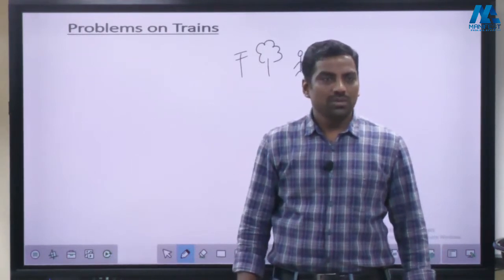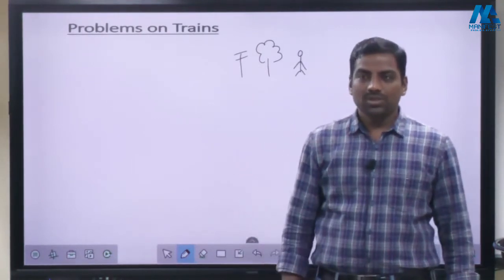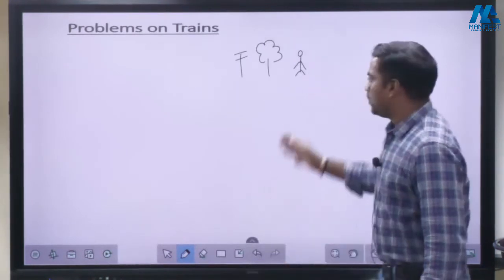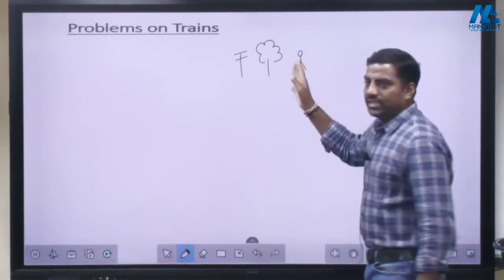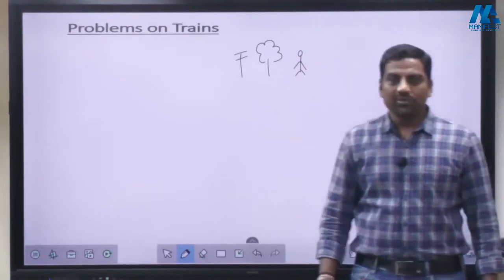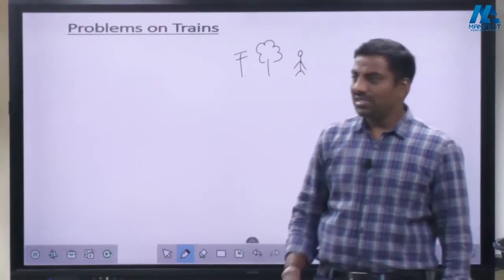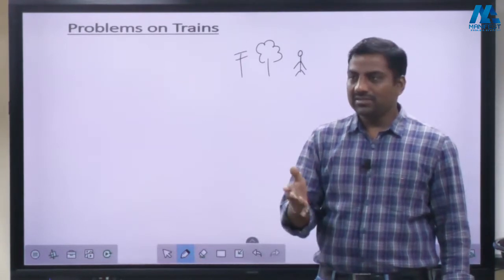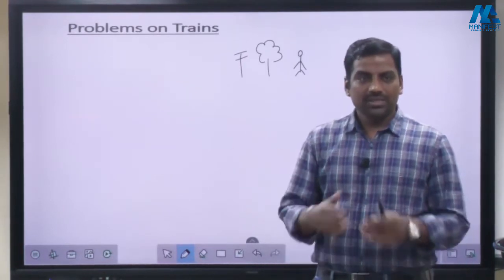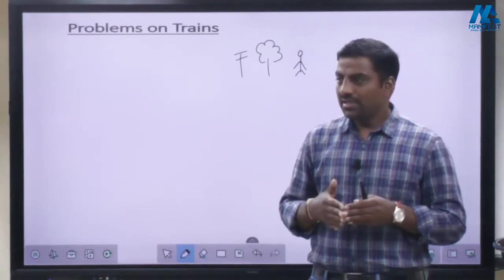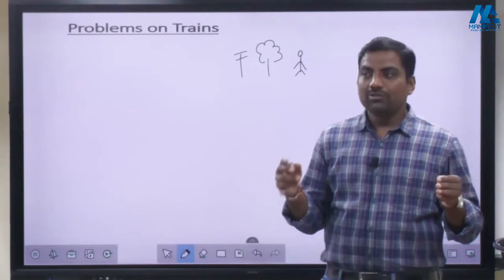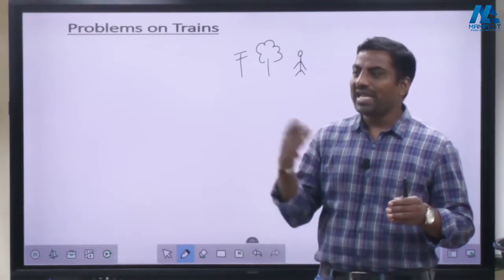Yes or no? But if I ask you to calculate the time taken by a train to cross this pole or tree or man, it will be a few seconds or sometimes minutes. So this is why we are studying some problems on trains, because the train has significant length, and because of this it will take certain seconds to cross any object.